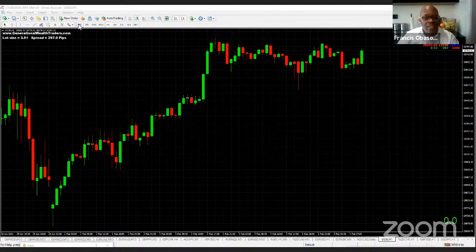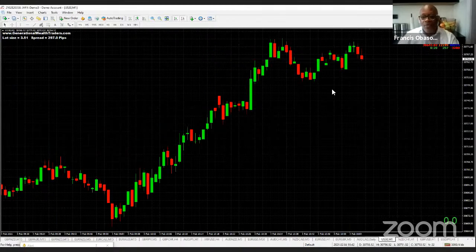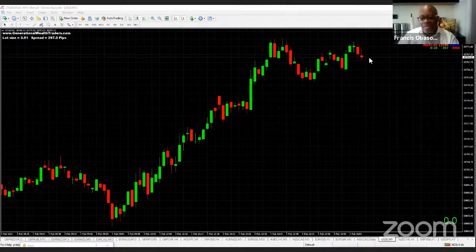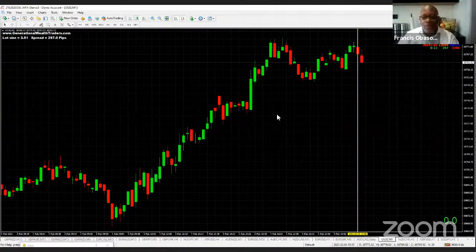As a matter of fact, let's go to the 1 minute time frame. You'll be able to see the movement better, so just keep your eye on this. In the next minute or less, another candle will form. Let's just place this here. So that's basically what happens.